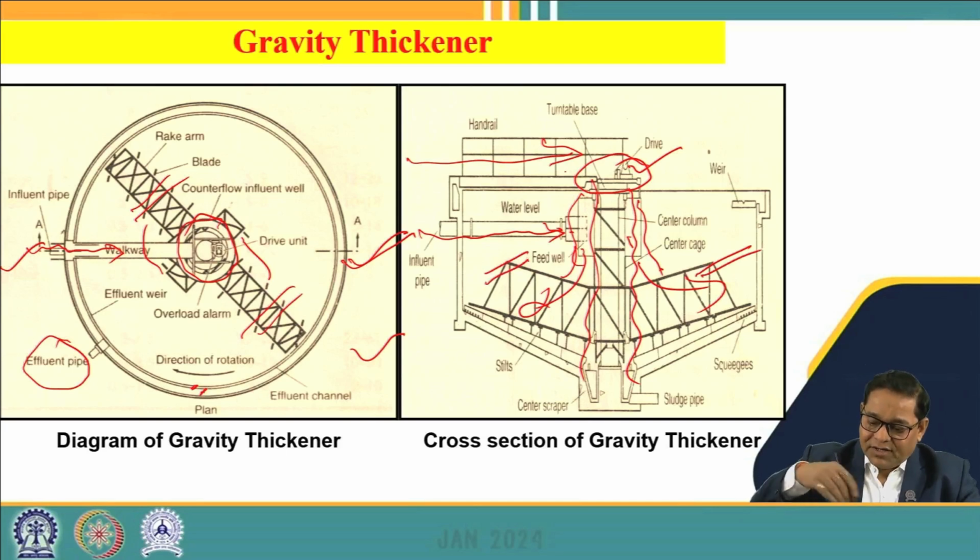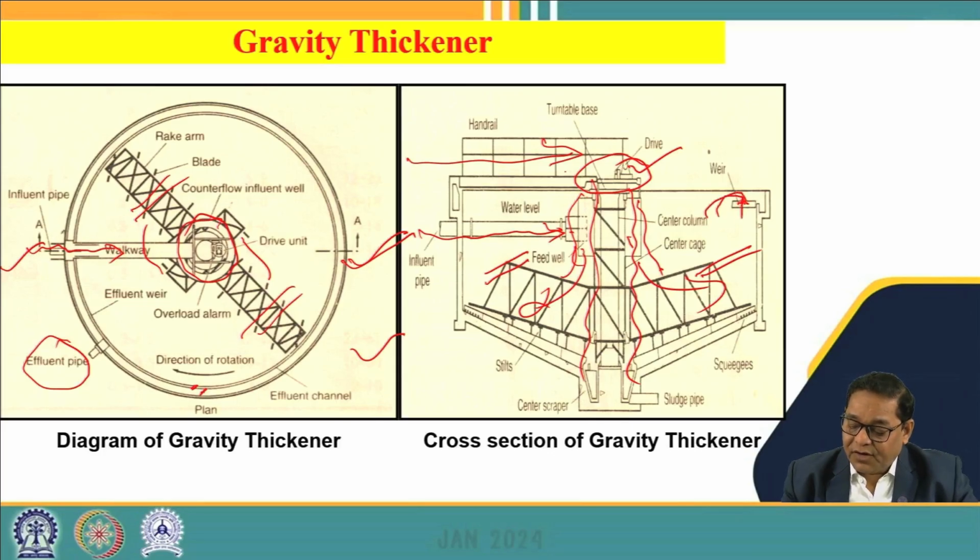So the incoming sludge is rotated at a very small RPM, like 2 to 3 RPM, and because of this rotation, the sludge solids are separated out of the water. There are weirs provided at the top.